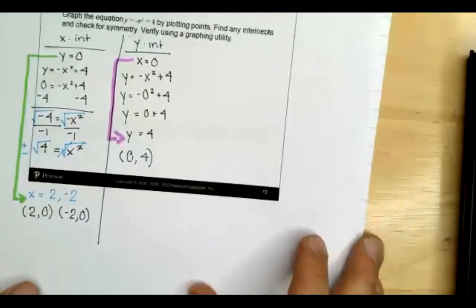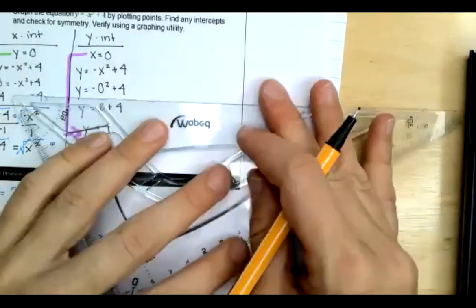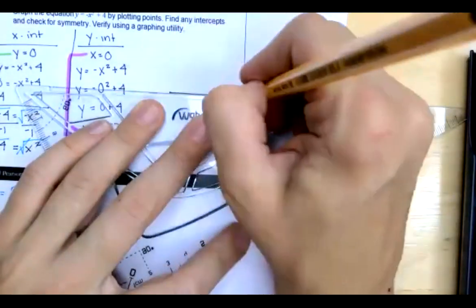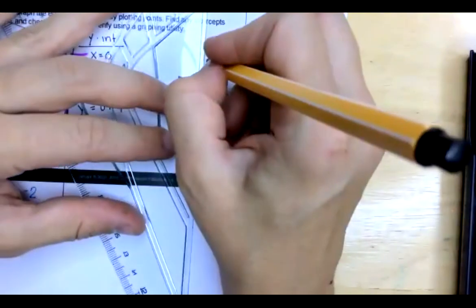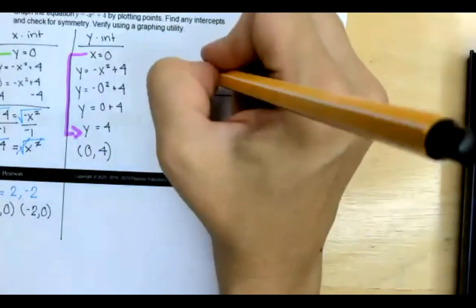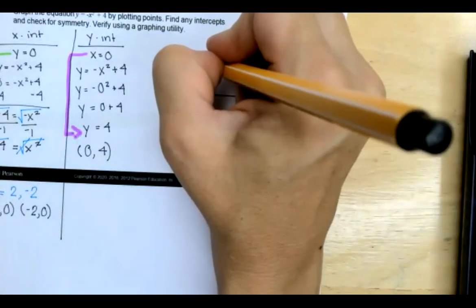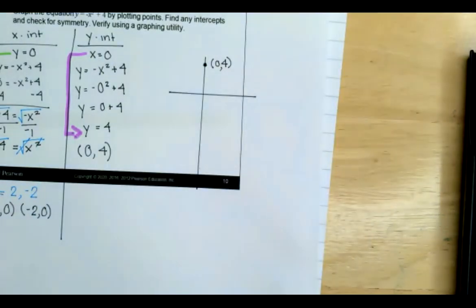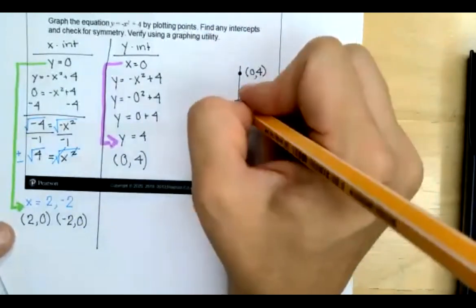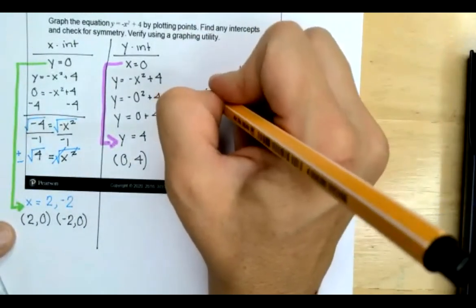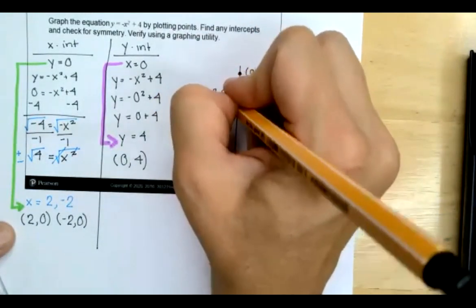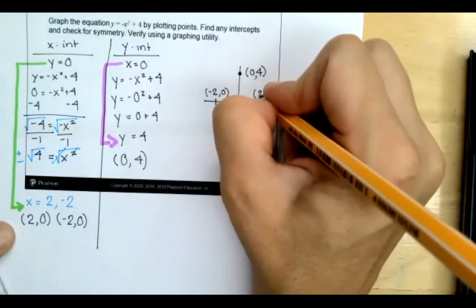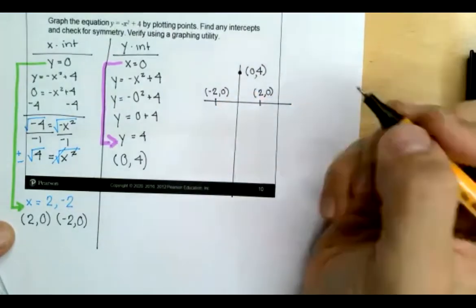Good. That is enough information to plot, kind of, right? So we start at 0, 4. And we cross the x-axis at negative 2, 0, and at positive 2, 0.